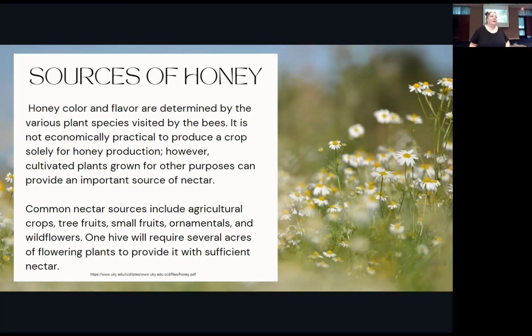But for the most part, it's wildflower honey. But if you know what's around you, then you kind of know what the source is in your honey. People that live near basswood trees or sourwood trees or a lot of tulip poplar, you can confidently say that there's a lot of that flavor in your honey.